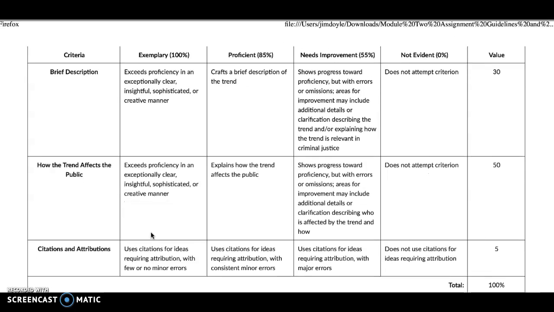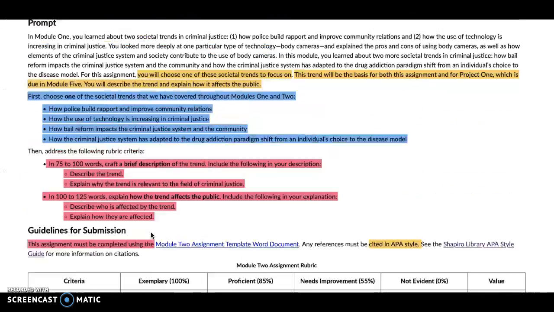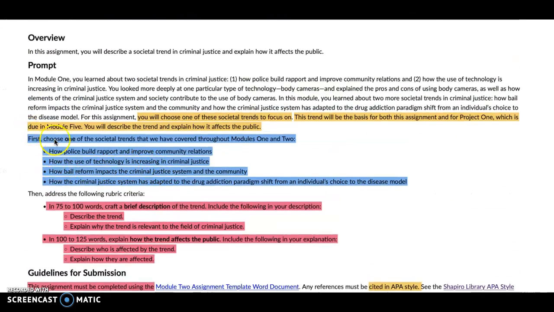A couple of key takeaways for this particular assignment. Remember, you're only going to select one of the societal trends that are listed here. Number two, make sure you address the specific rubric criteria described here in the number of words outlined for each of them. And remember that this trend will be the basis for both this assignment and for Project 1, which we do in Module 5.